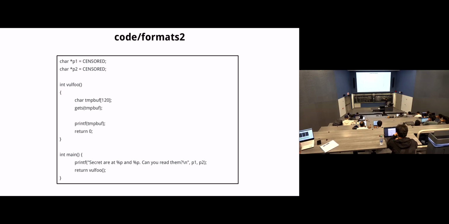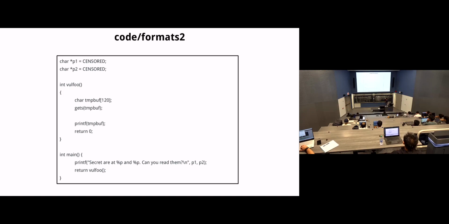Then for each %x, it will look for the next argument. Where does it look for the next argument? This is the first one. So the next argument will be 4 bytes up, here. 4 bytes higher, that's the first argument. So this %x maps to here. The second %x maps to here, another 4 bytes. 4, 4, 4, right?